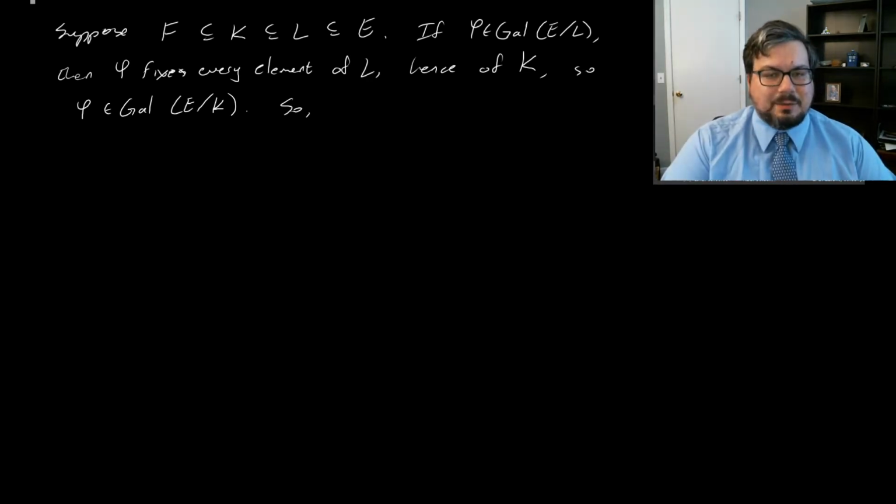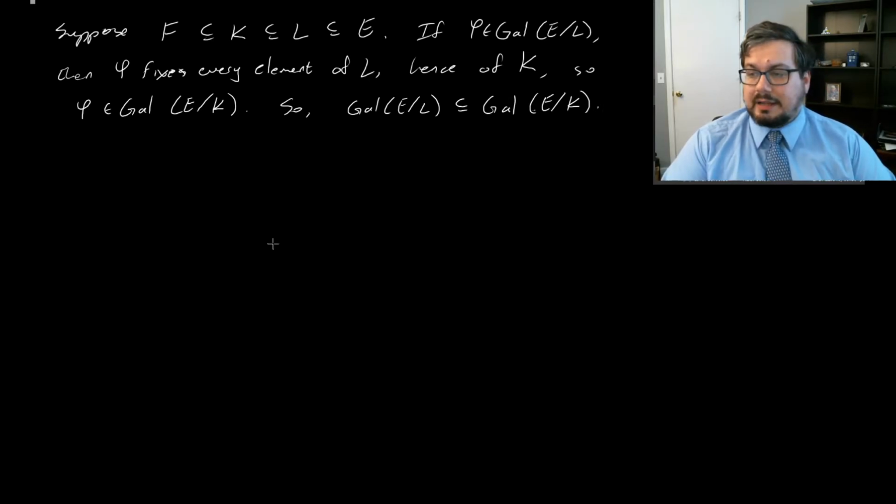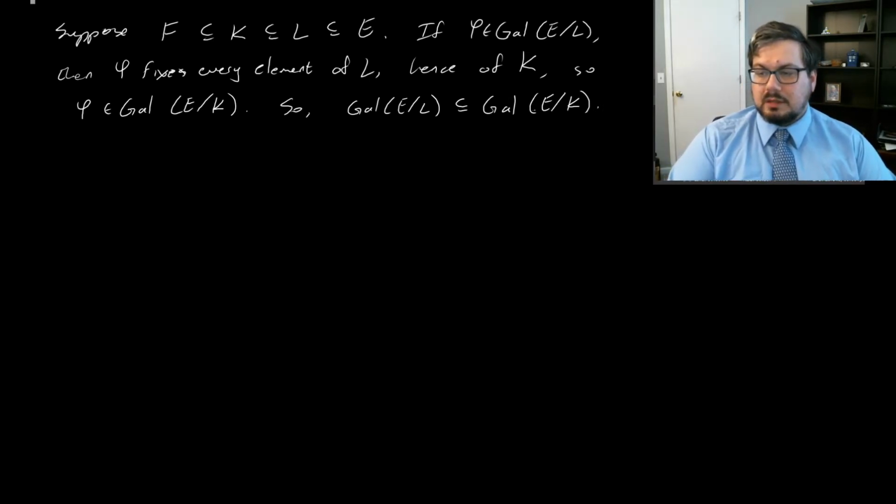So this means that the Galois group of E over L is a subset, actually a subgroup, of the Galois group of E over K. So that shows the inclusion reversing in the one direction.